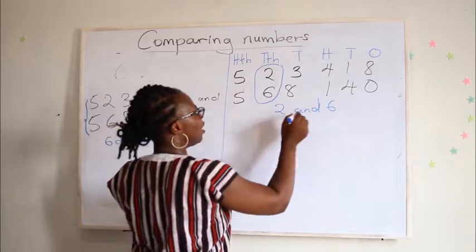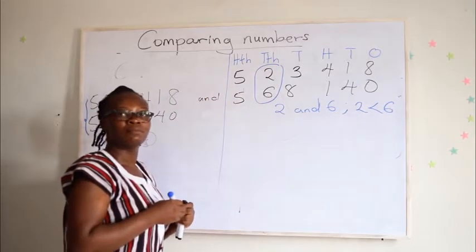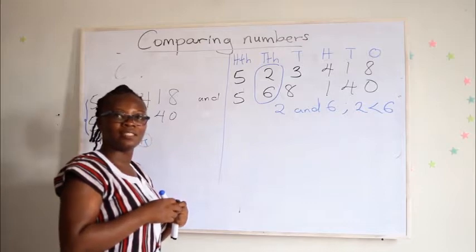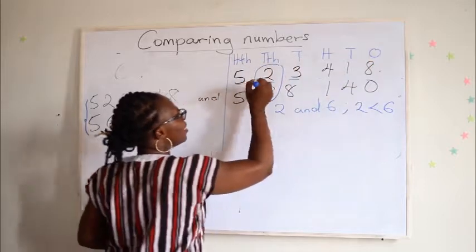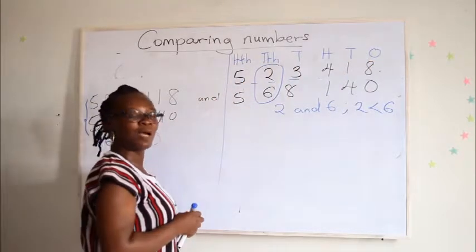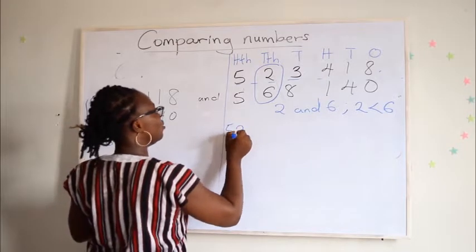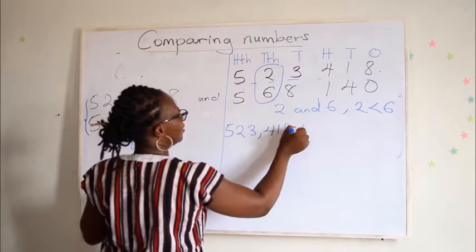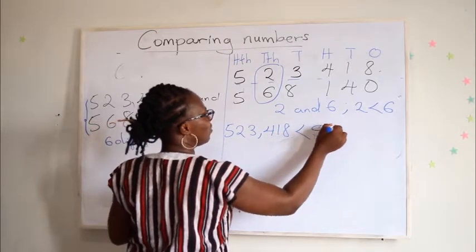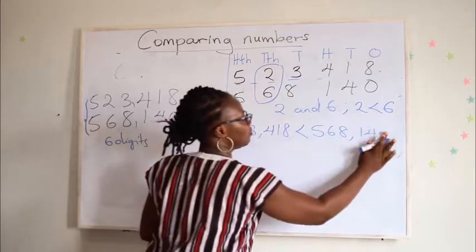You realize that 2 is less than 6. This means that this whole number is less than this number. So I can conclude that 523,418 is less than 568,140.